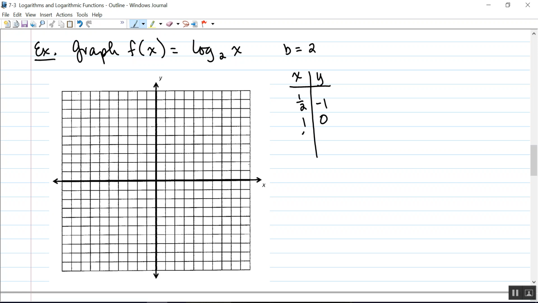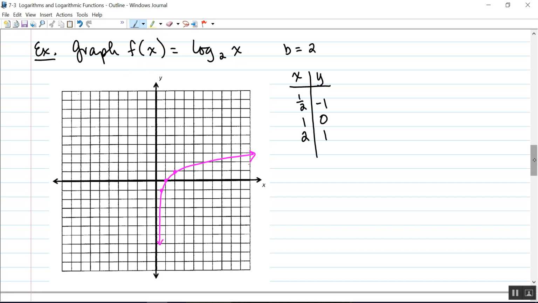And then I have the point b, comma 1. Let's go ahead and graph those: 1/2, -1, 1, 0, and 2, 1. I know it's going to go down like this, and the y-axis is an asymptote in that direction, and it's going to continue to move out that way. Don't be too worried about a whole lot of points. If you can get those three, that's really helpful.